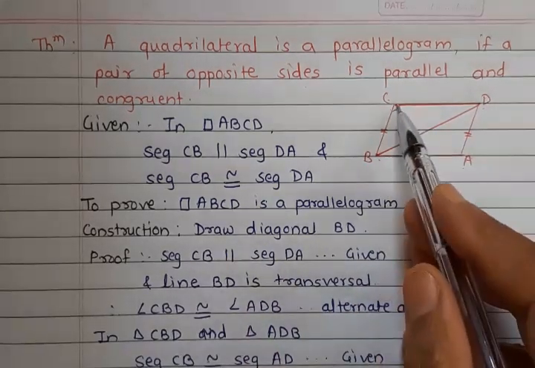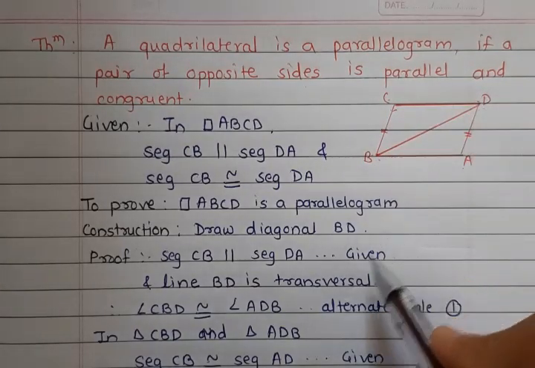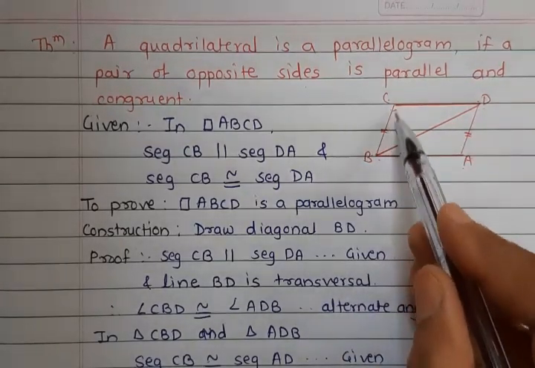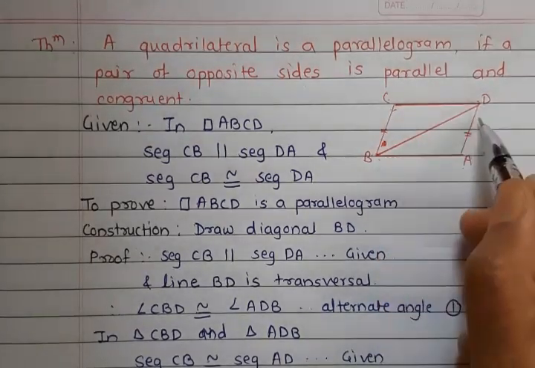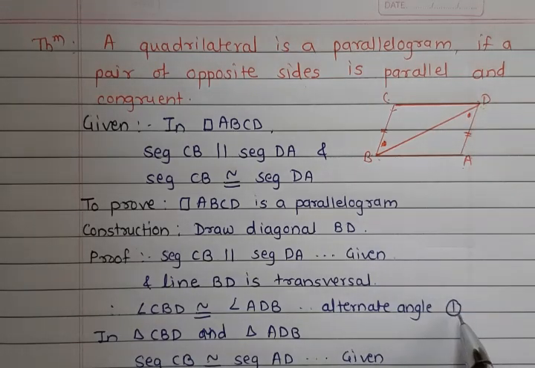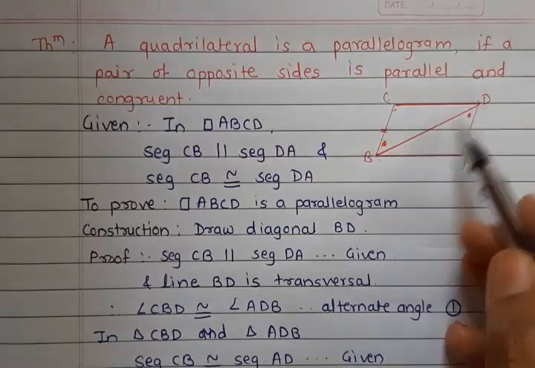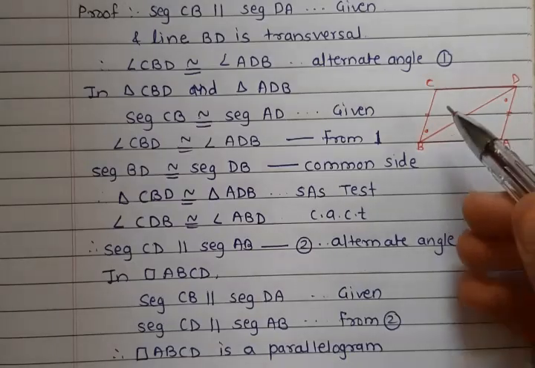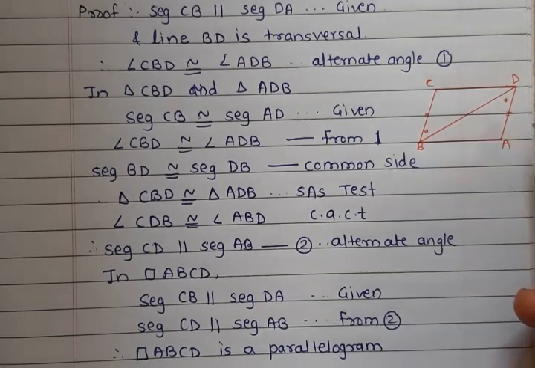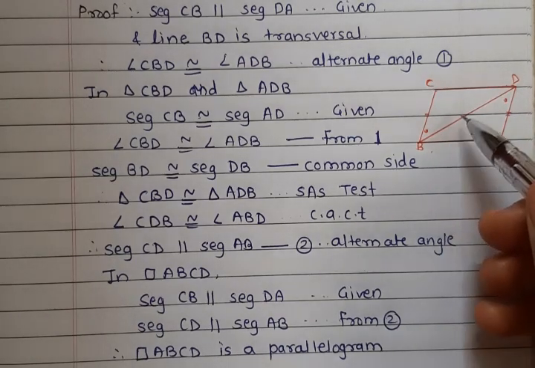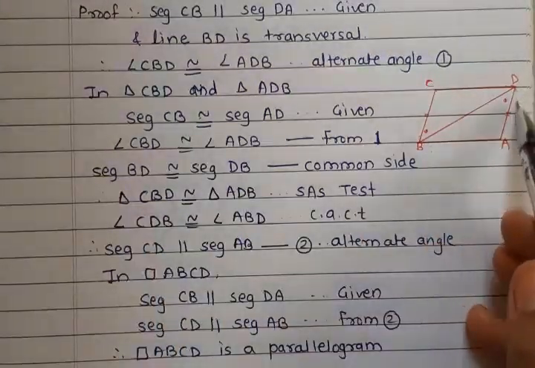Now segment CB is parallel to DA, it is given, and BD is a transversal. Then angle CBD is congruent to angle ADB, because these are alternate angles. Now in triangle CBD and triangle ADB, CB is congruent to AD, it is already given.